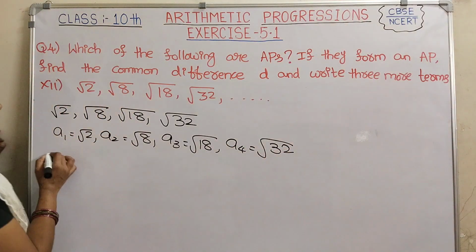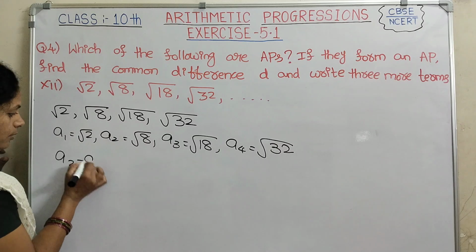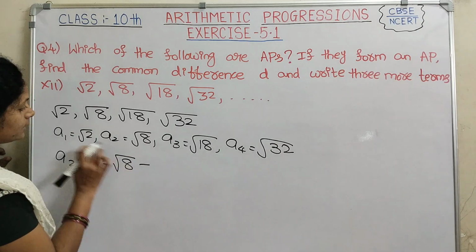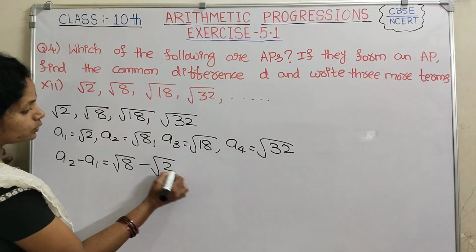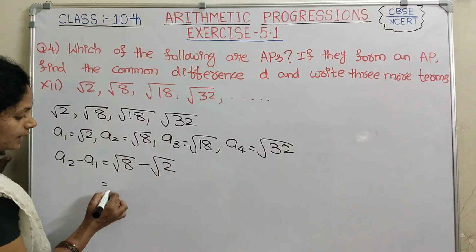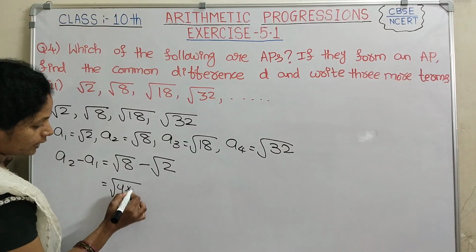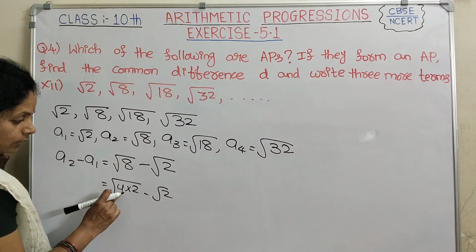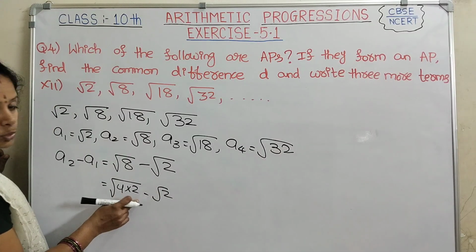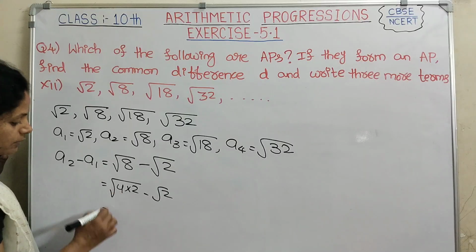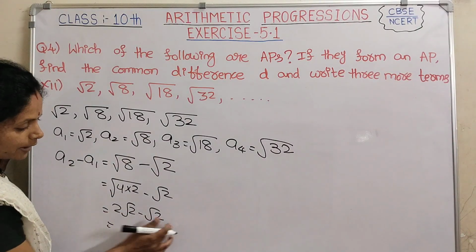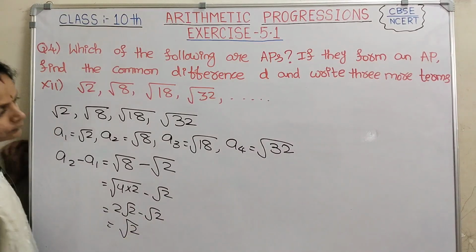Let us get A2 minus A1. A2 is root 8 minus A1 is root 2. This root 8 can be written as root 4 into root 2, root 4 can be written as 2, so 2 root 2 minus root 2 is root 2.